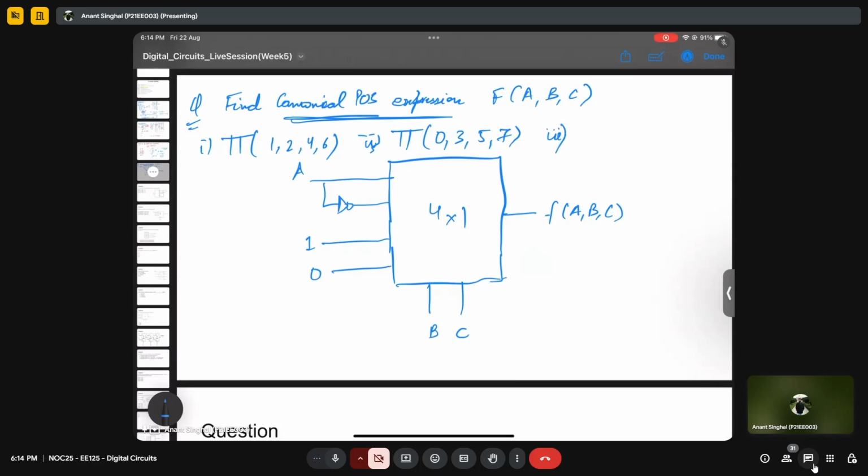The third is pi of 1, 3, 5, 6. Is the question clear to everyone? This is a MUX. MUX means multiplexer. So maybe again you can take 2 minutes and let me know the answers in the chat box.